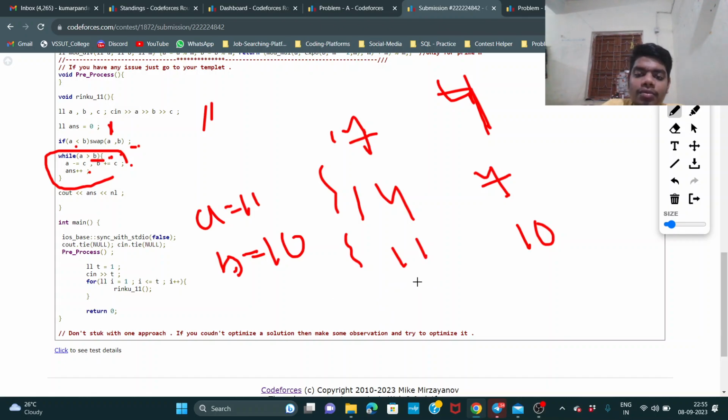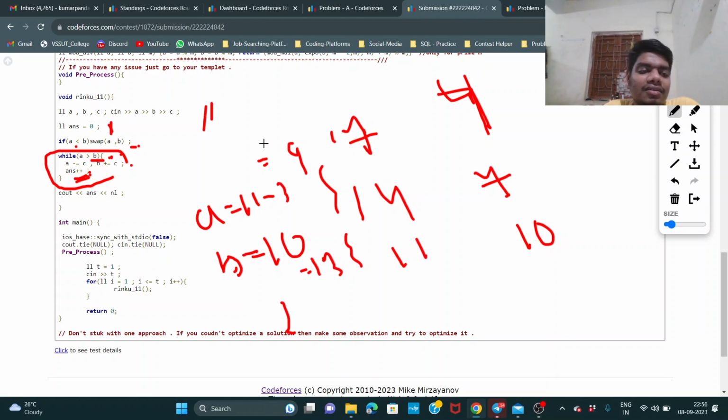So we obviously need one more move. Simply increase the answer with plus plus, so the answer value is 2, and again we count because a value is greater than b. Now just make a minus 1, which becomes 9, and it becomes 13. Now the answer is 3, and we come out of the loop. And you may ask, bro, you are not making the masses of water in both vessels equal.